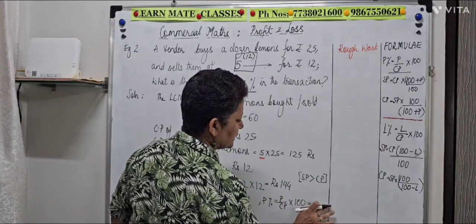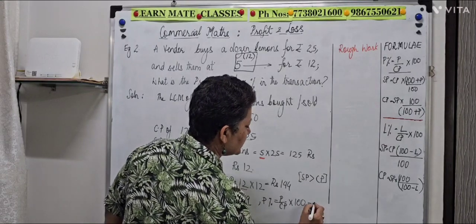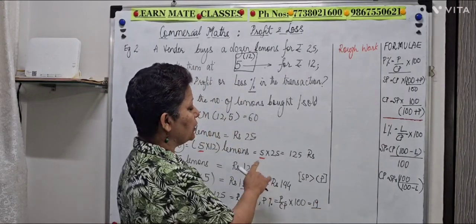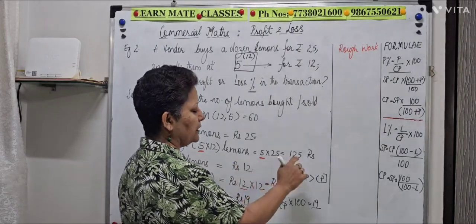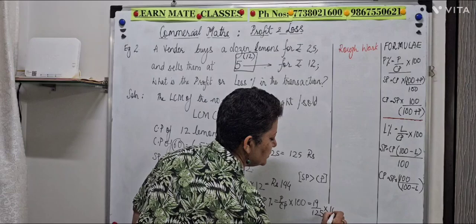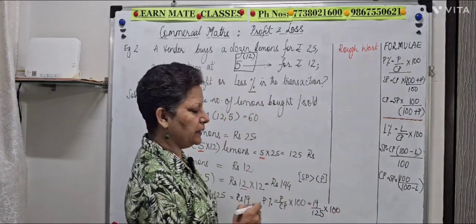So if I just erase this for the time being, so this is 19 and this is made over a cost price of 125. To get it into a percentage, I multiply with 100.